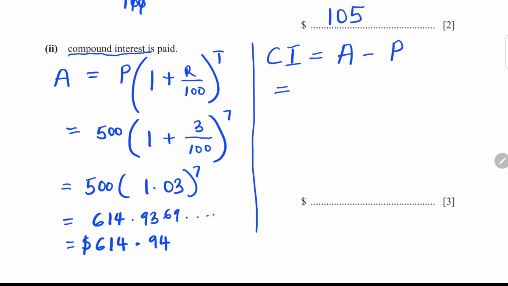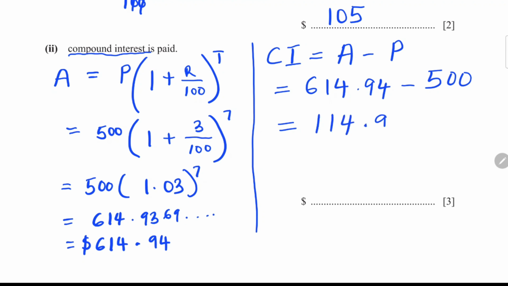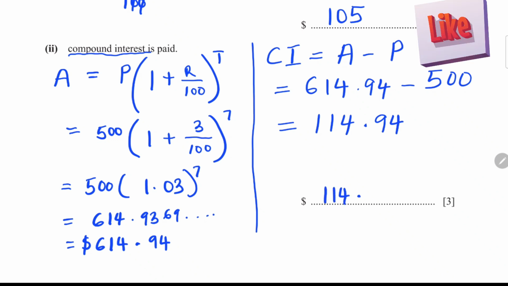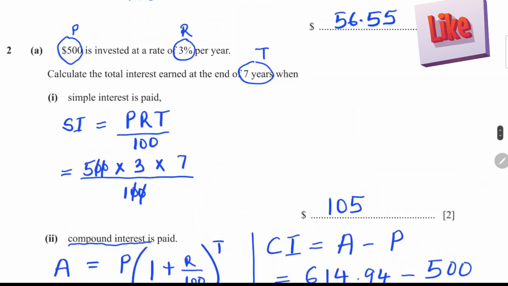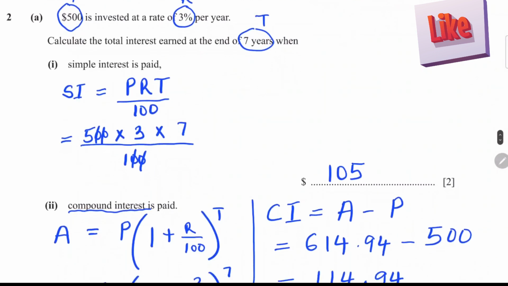What's our amount now? 614.94 minus our principal, which is $500. When we subtract this, it gives us 114.94. So our compound interest is $114.94.